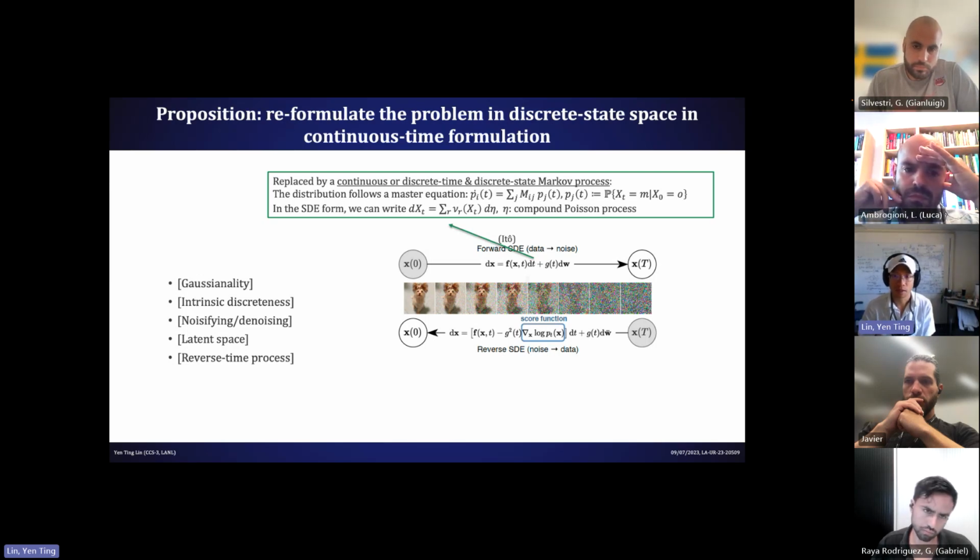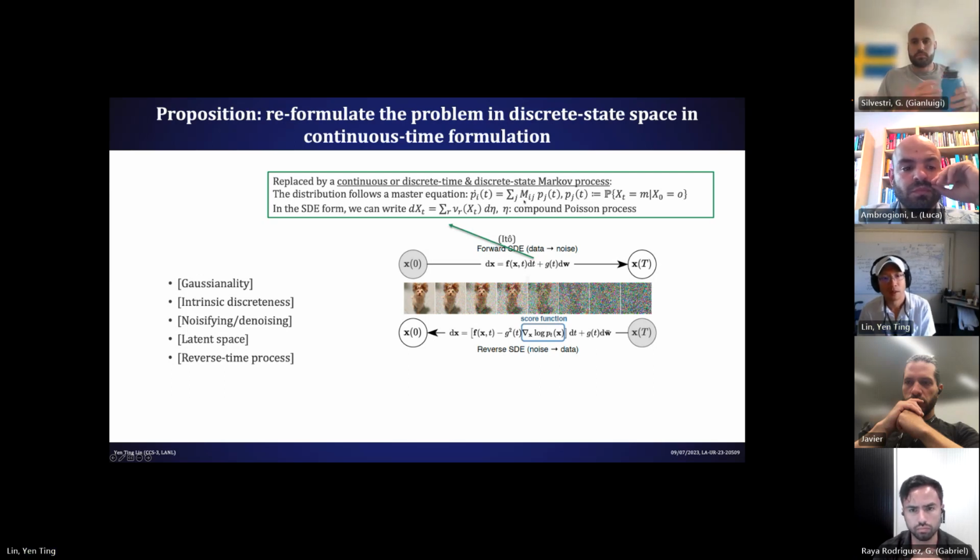But for continuous time, basically you write down the master equation, describing how the probability of a specific state evolves, right? And then you have a Markov process. So this is a Markov transition matrix. Now, in the typical SDE form, it goes back to our objection to the previous Song et al. paper.